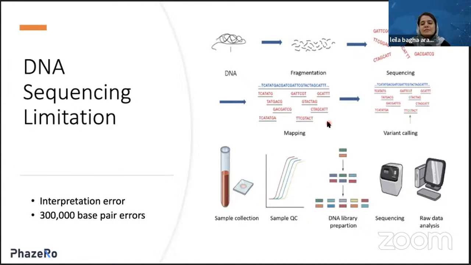And actually, approximately 300,000 base pairs are errors in the DNA sequencing, which is a huge limitation on using DNA for inferencing and as a magic key for resolving all the problems.